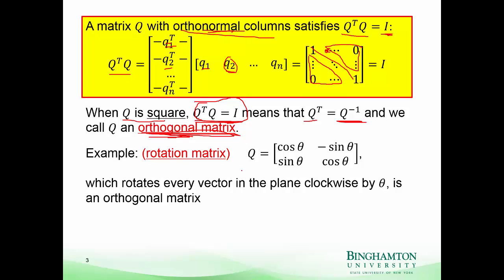Here's one called a rotation matrix. If we form a 2 by 2 matrix for any value of theta, so we get to choose the theta here, you pick whatever theta you want, you evaluate cosine at that theta and put it down the diagonal.